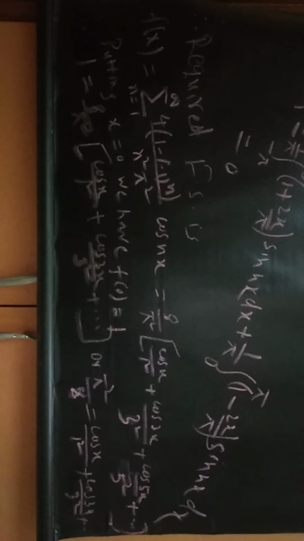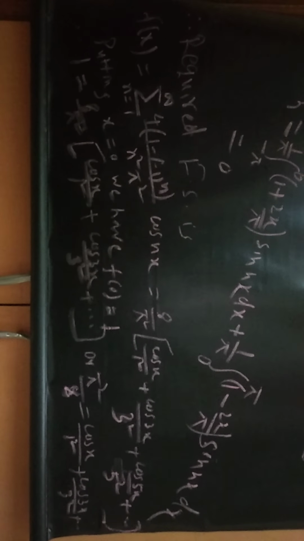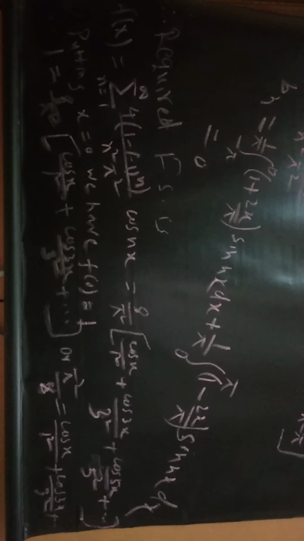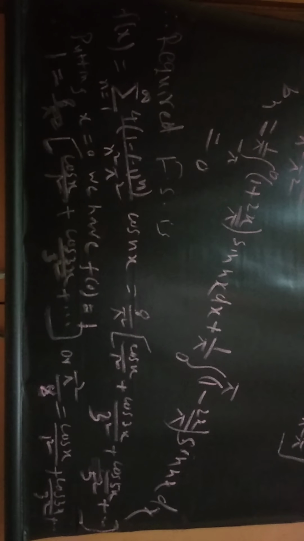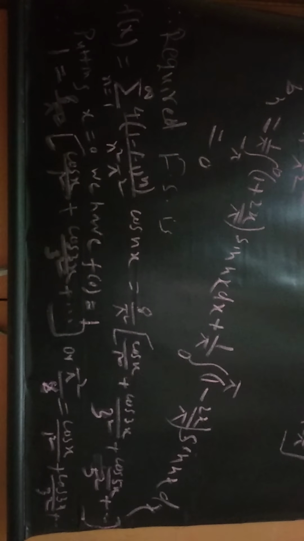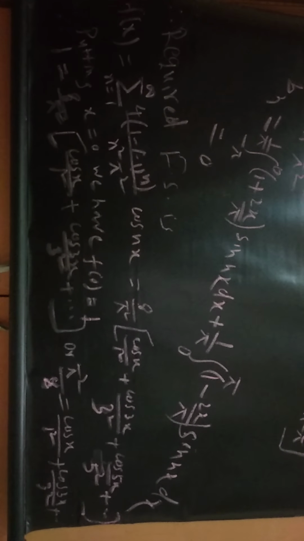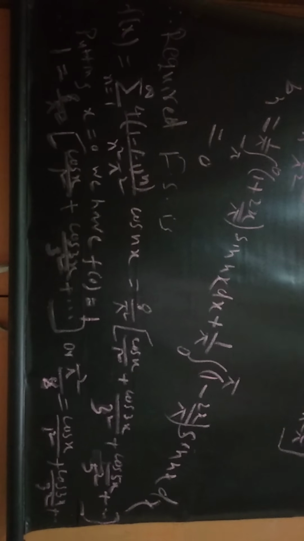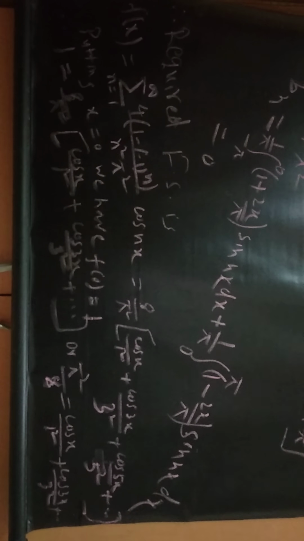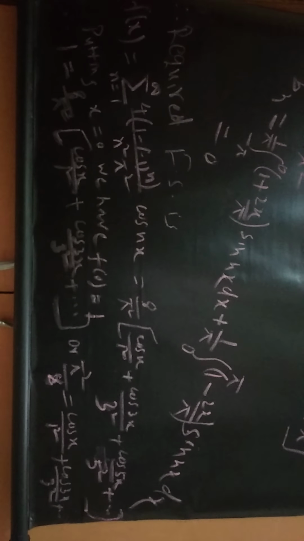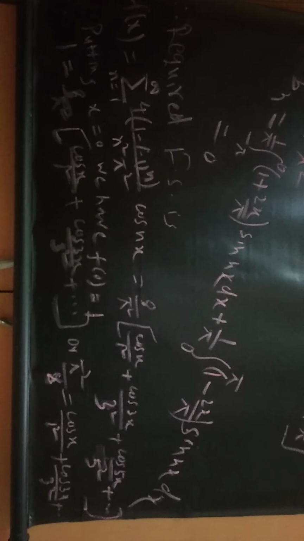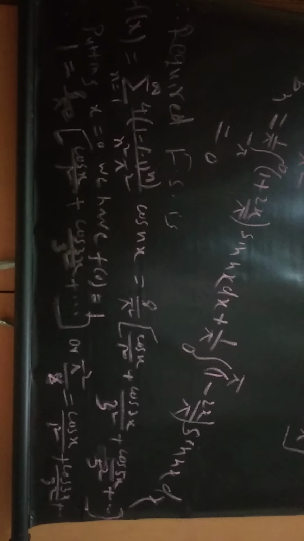So that is equal to, if we expand this series by putting n is equal to 1, n is equal to 2, n is equal to 3 and so on, we are getting 8 by pi square into bracket cos x by 1 square plus cos 3x by 3 square plus cos 5x by 5 square plus and so on. Why are we getting this like cos x by 1 square plus cos 3x by 3 square?